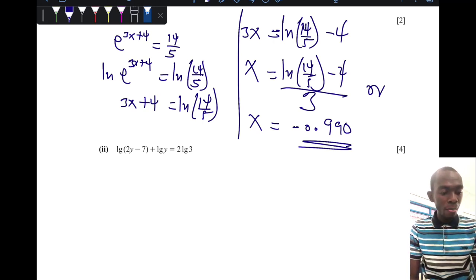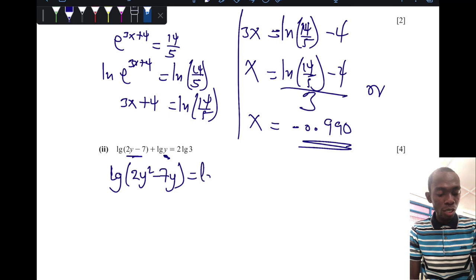So, well, this and that, you can see that they are adding. If they are adding, it means that we can use the multiplication rule and then combine the two together. So we are going to get log of y times this whole thing, okay, this y times that. So we can write 2y squared minus 7y is equal to the log of 3 squared.